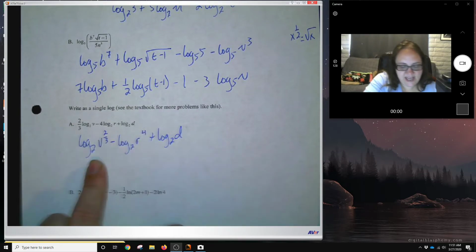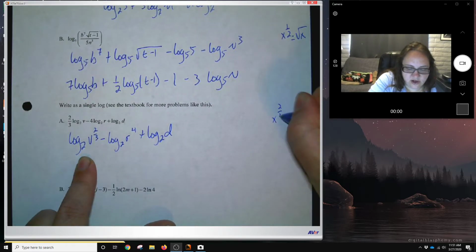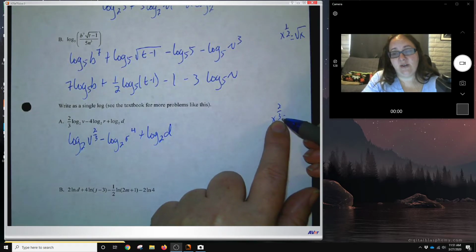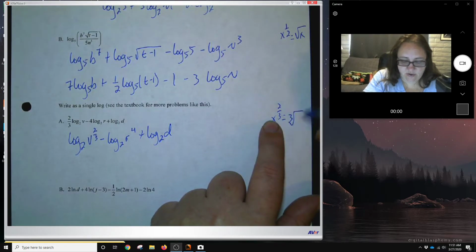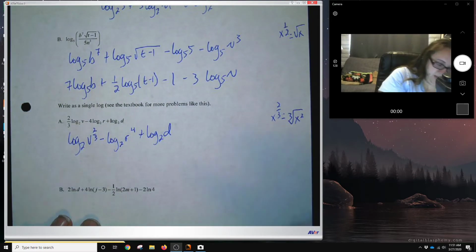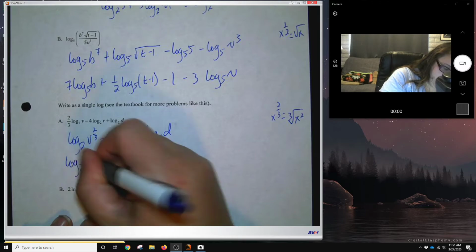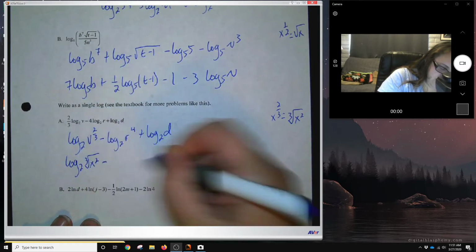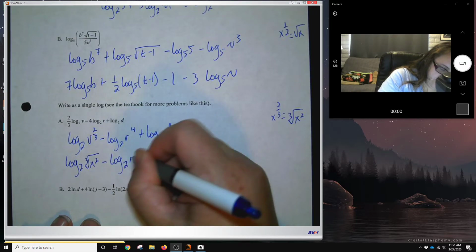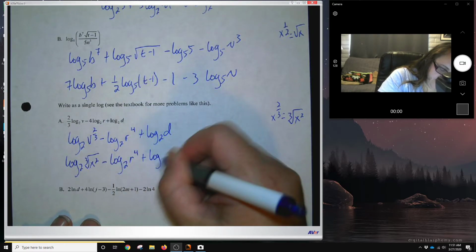Now, anything to the 2/3, the numerator is my exponent and the denominator is my root, so this is the 3rd root of x squared. So log base 2 of the 3rd root of x squared minus log base 2 of r to the 4th plus log base 2 of d.